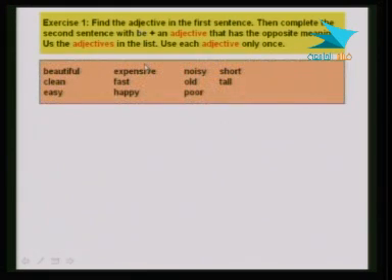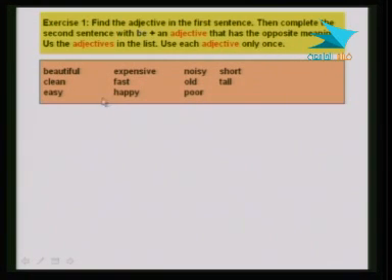Then we complete the second sentence with the form of be and an adjective that has the opposite meaning. You will have a list, and this is the list. Use each adjective only once.